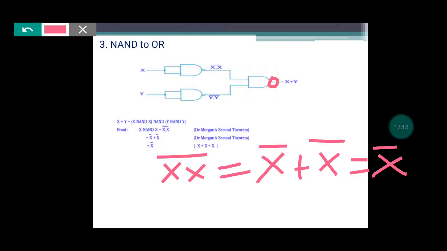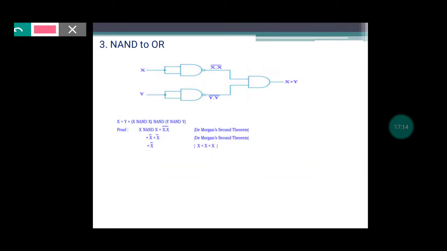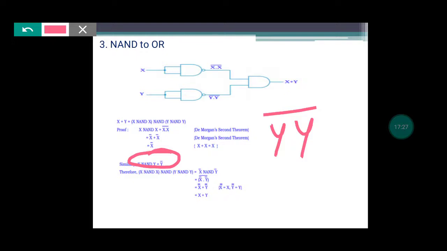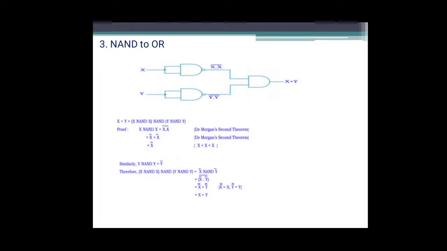Now moving on to the next one. Similarly, y NAND y, I can rewrite using De Morgan's theorem as y bar plus y bar. The output will be y bar only, so they have simply represented the output directly as y bar.